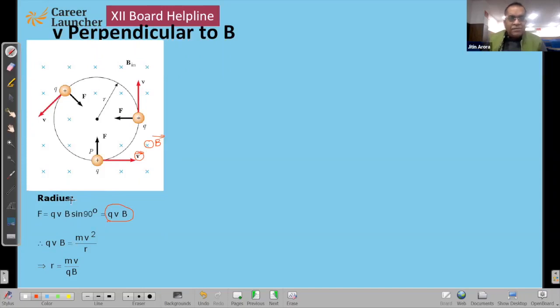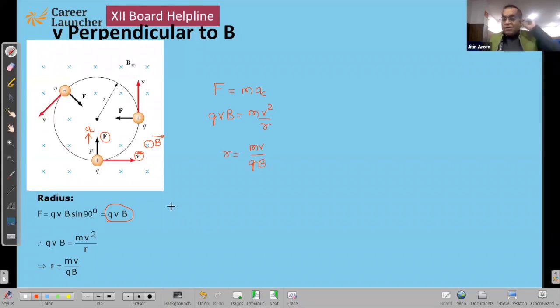And we know that this QVB force is the one that is providing the necessary centripetal acceleration. So F is equal to m a_c, so QVB is equal to m a_c, which can be written as mV square by R. So from here we get R is equal to mV by QB.